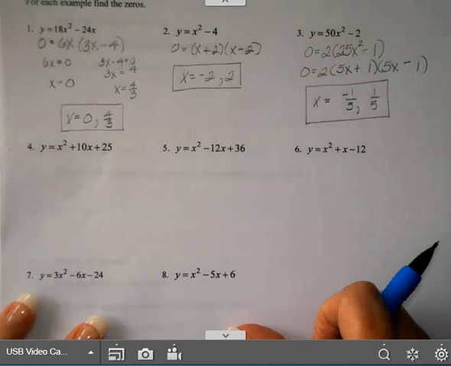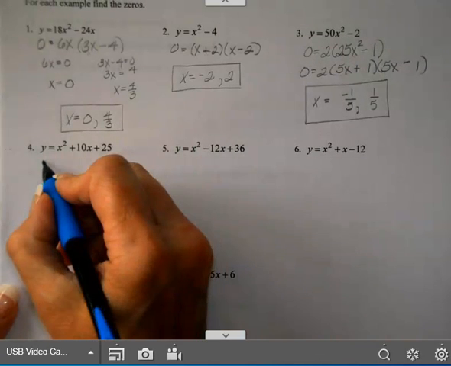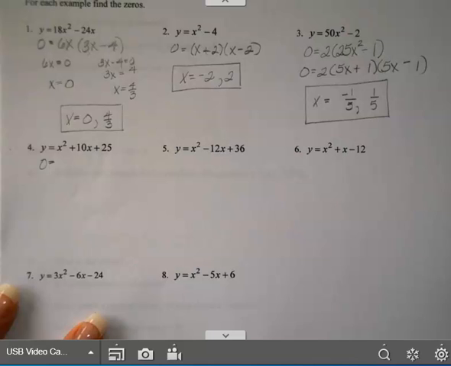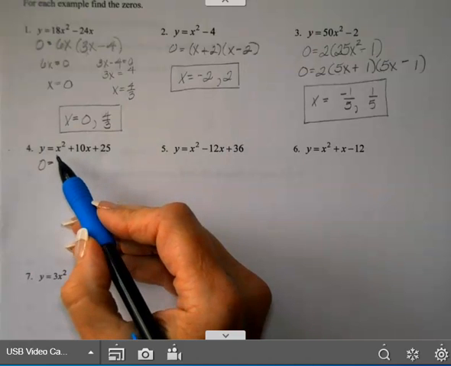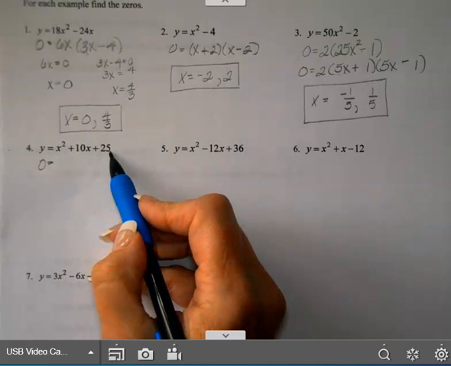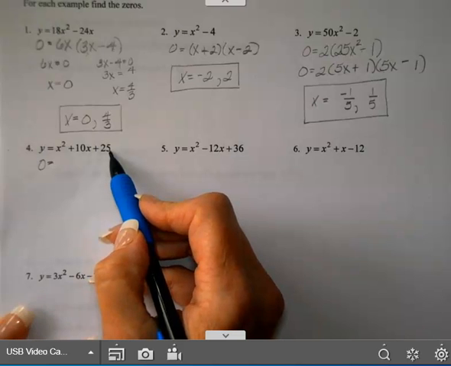For example 4, set y equal to 0. First thing I look at is how many terms I have after my greatest common factor, and there are 3 terms. You can look and see if it's a perfect square trinomial, and in this case it is.